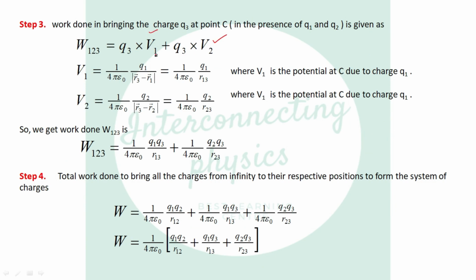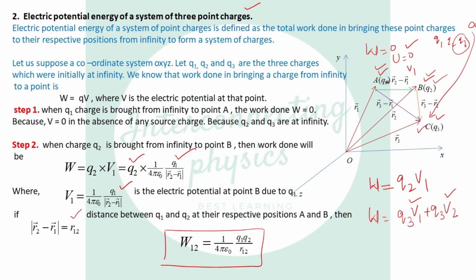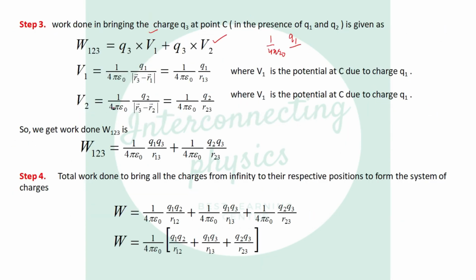So what is V1? It is the potential due to the first charge, that is 1 over 4 pi epsilon naught, source charge Q1 over the distance between Q1 and Q3, which is R3 minus R1, and for Q2 and Q3 it is R3 minus R2. Okay. Substitute these values over here, and if we write R3 minus R1 as R13 and R3 minus R2 as R23, the result is W123 equals 1 over 4 pi epsilon naught Q1 Q3 over R13 plus 1 over 4 pi epsilon naught Q2 Q3 over R23.